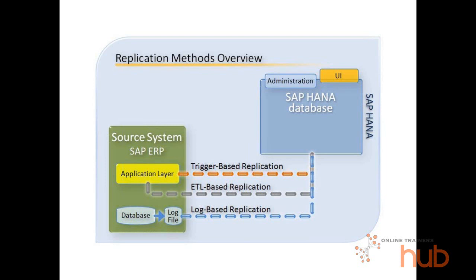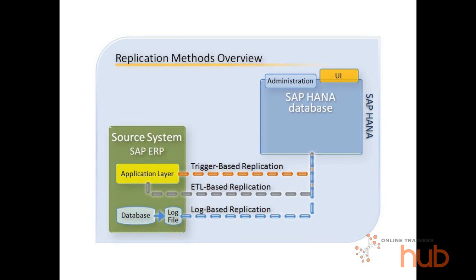The second thing is, if your data is residing in your ERP system itself, then we can use trigger-based replication, which is also called SLT, SAP Landscape Transformation. You can use it for bringing your data in near real-time replication mode.